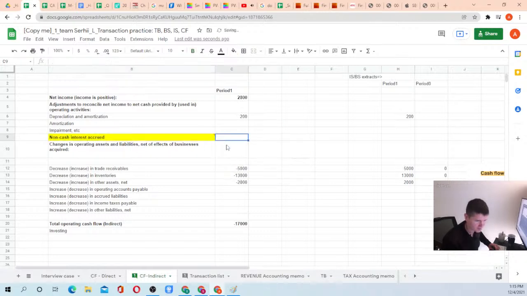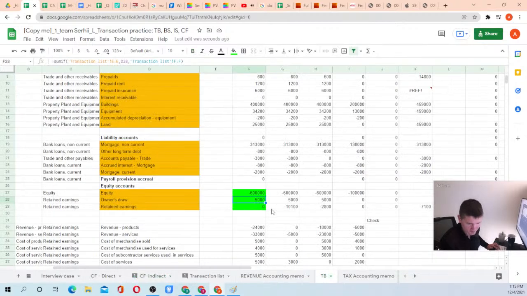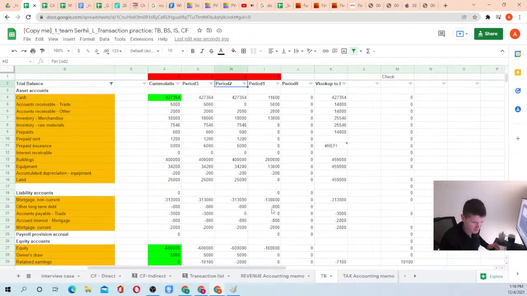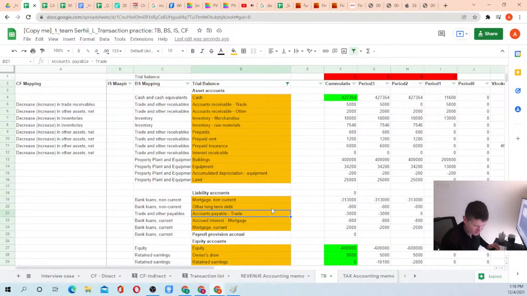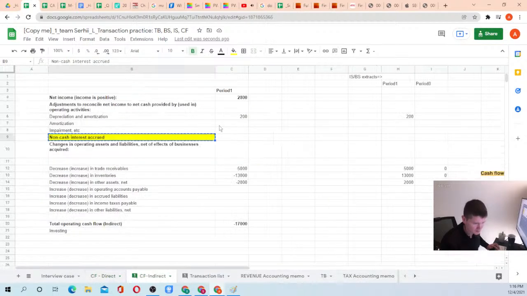Okay, so I will check on that presentation, and now I need to figure out how to get it from the trial balance. And from the trial balance, I can see that it's here. It's accrued interest. So I map it to here, and it's a liability. And let's go to indirect.